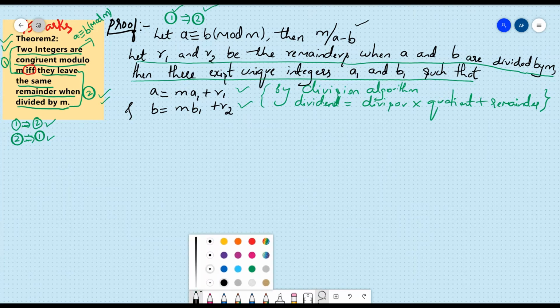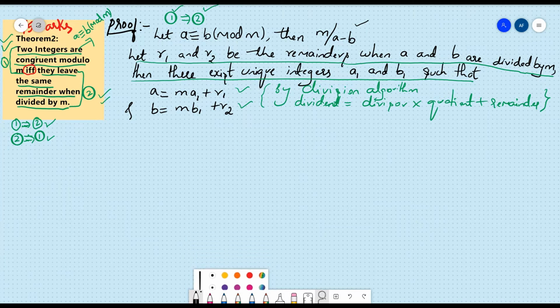So let's move on. R1 lies between 0 and M, and sometimes R1 can also be equal to 0.